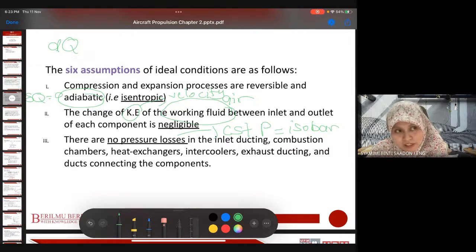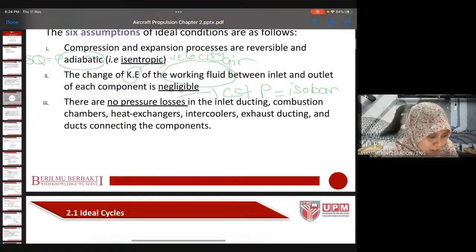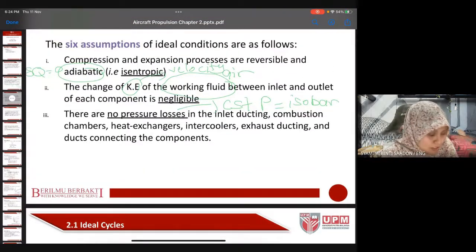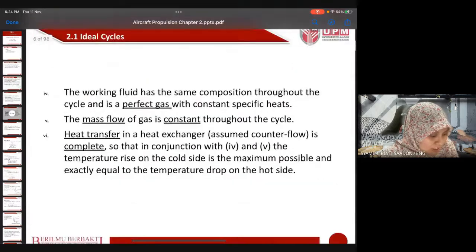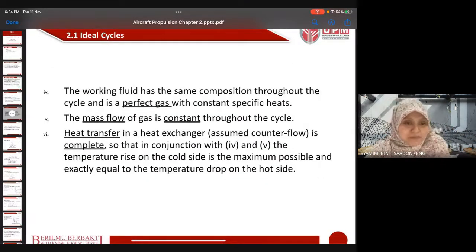So for the combustion chamber, the pressure exiting the combustion chamber is the same as, or nearly the same as, the pressure entering it. We assume that P exit of the combustion chamber equals P inlet of the combustion chamber, and the same for the other heat exchangers. So these are the first three assumptions, and then the other three.